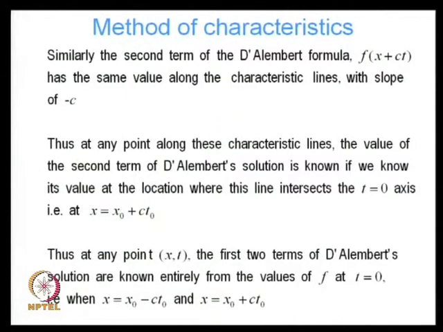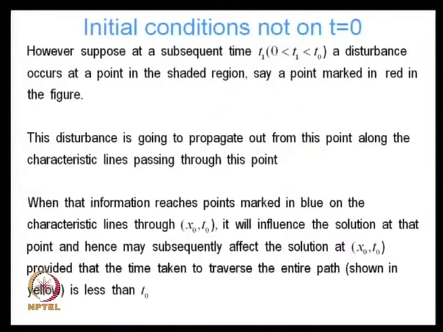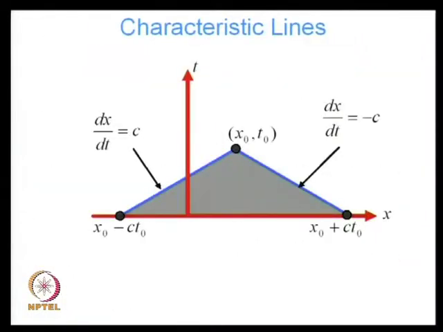So what does this mean? It means if I know the initial conditions at those two locations on the x axis, I know at least the first part of the final solution at any point. So I know the initial value of f of x0 minus c t0 here, that is going to be the same as the first part of the D'Alembert solution.